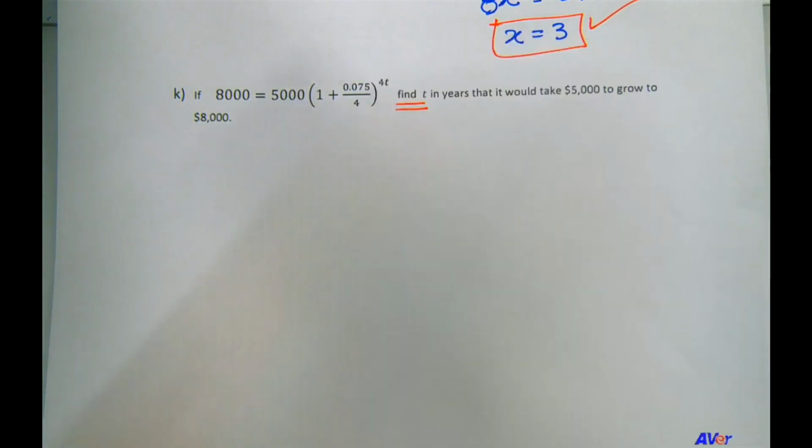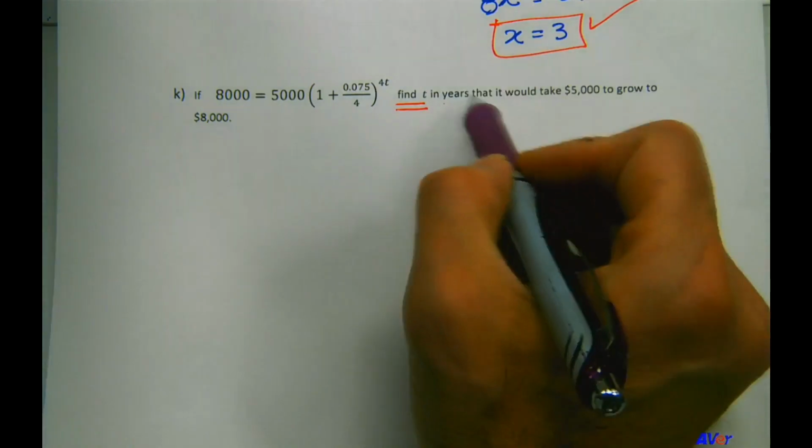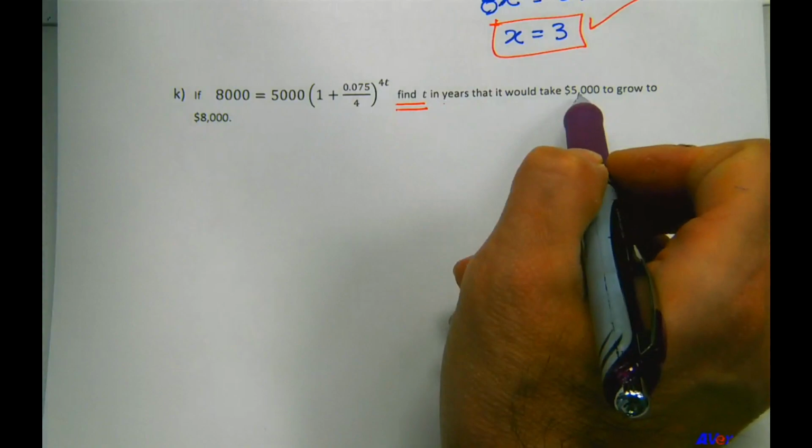So as soon as you notice that the variable they're asking you to solve is in the exponent, that second you know you must involve either log or natural log functions. Then find t in years that it would take 5,000 to grow to 8,000.